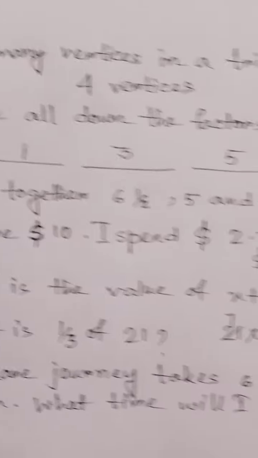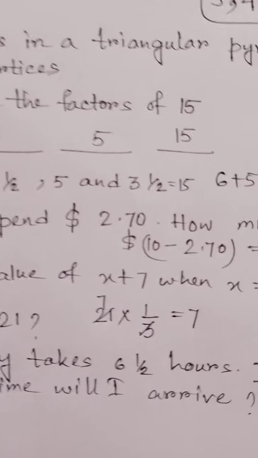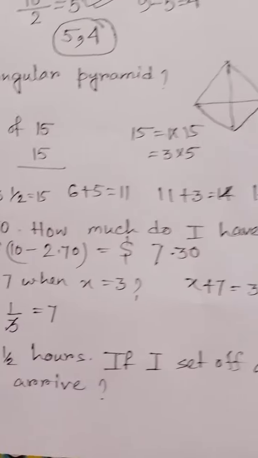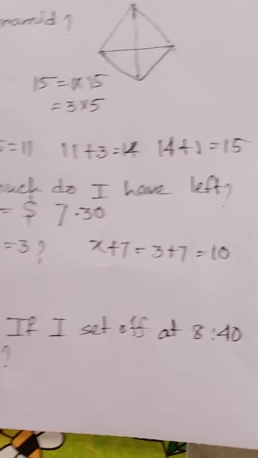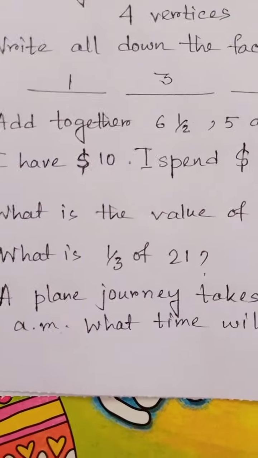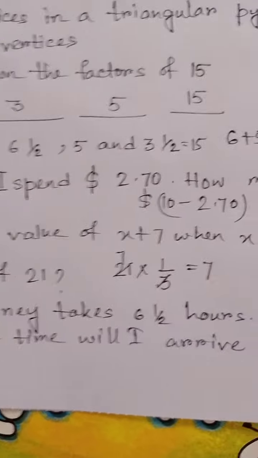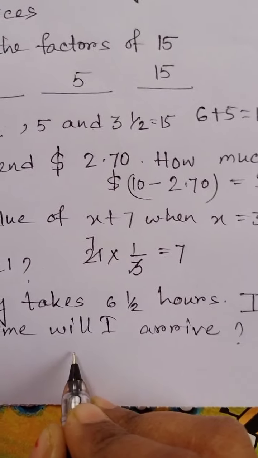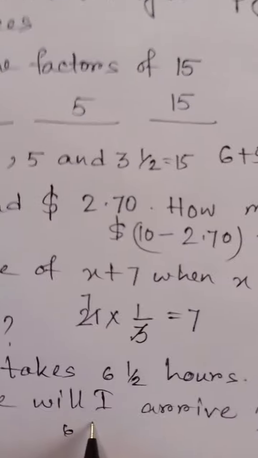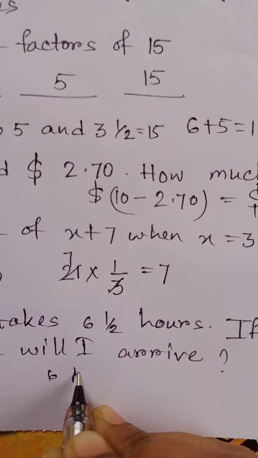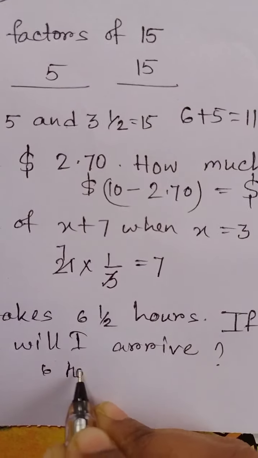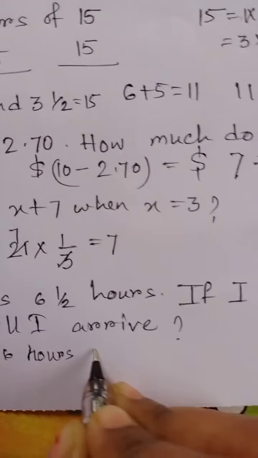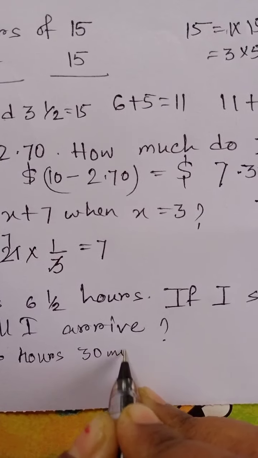Number 14, a plane journey takes 6.5 hours. If I set off at 8:40 a.m., what time will I arrive? 6.5 hours means 6 hours and 30 minutes.